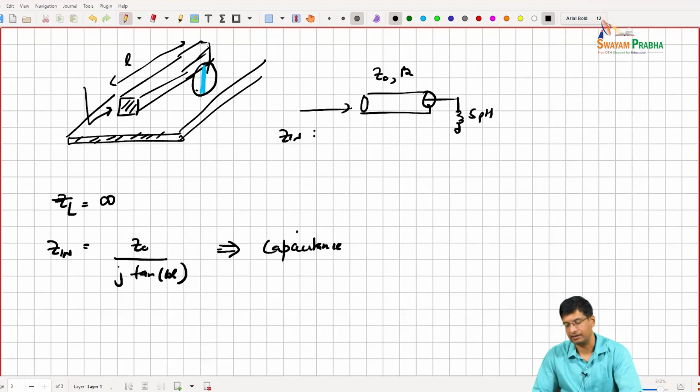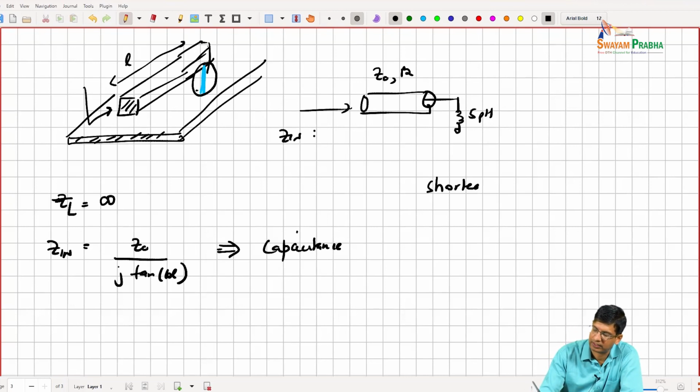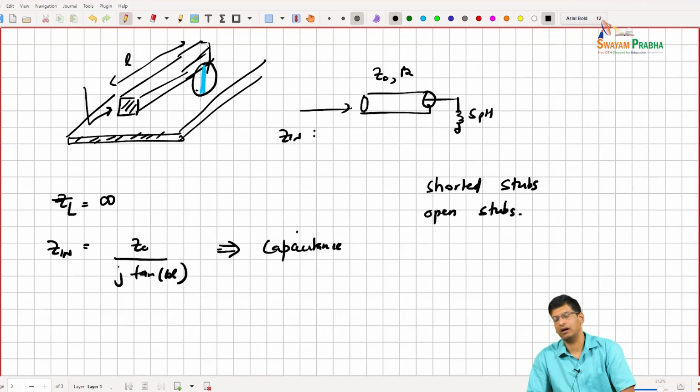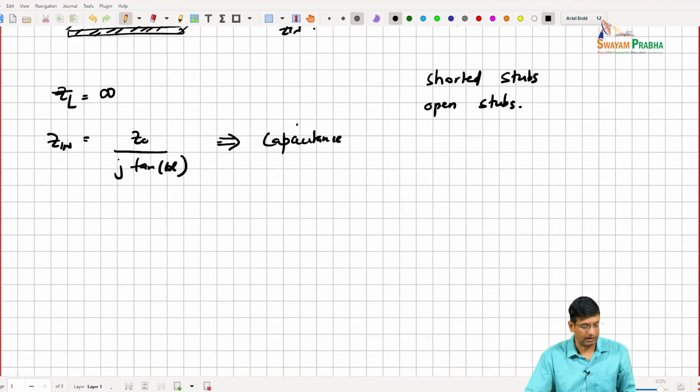So I can get a capacitance that I want by having an open transmission line. People call these shorted or open stubs, where we leave the termination of that line as we want.